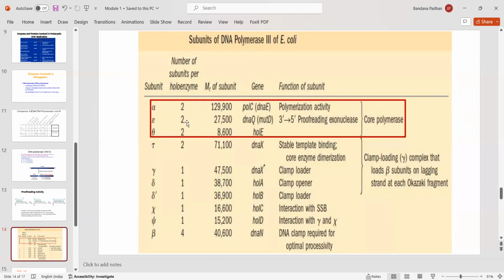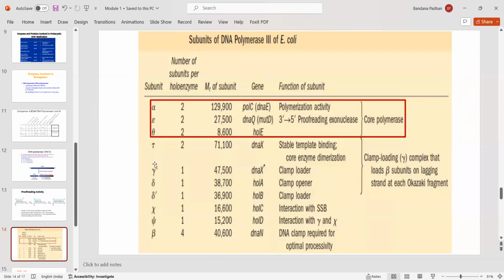Whereas the tau subunits, each DNA polymerase 3 has 2 tau subunits, and they are for stable template binding and for core enzyme dimerization.